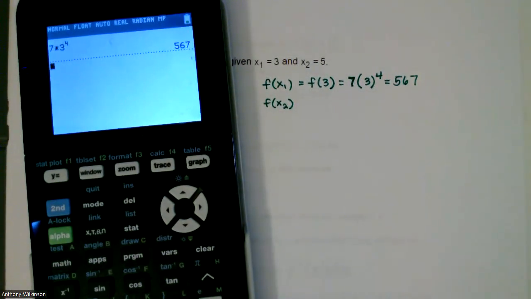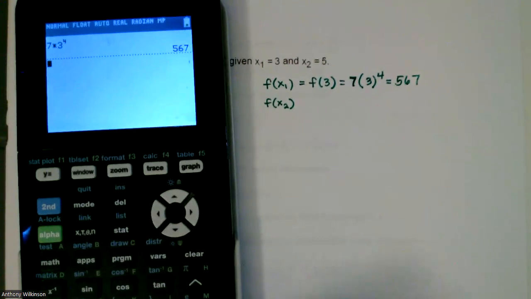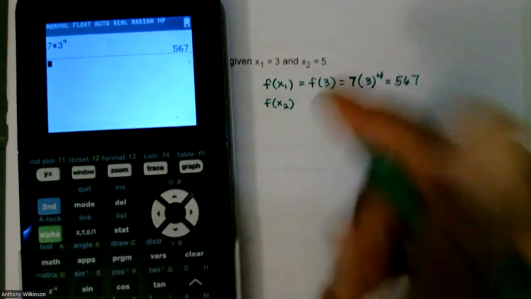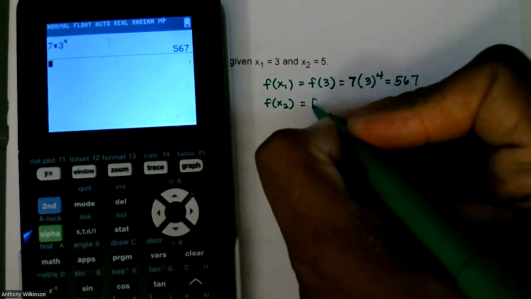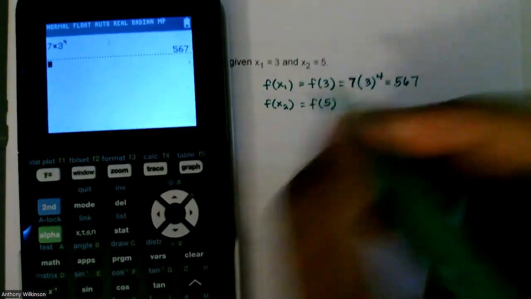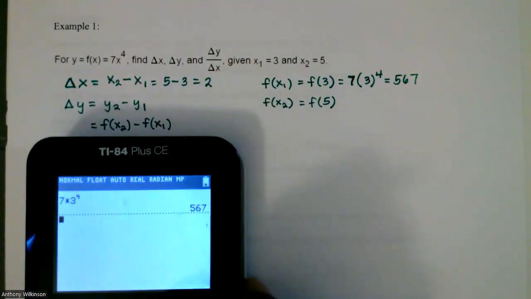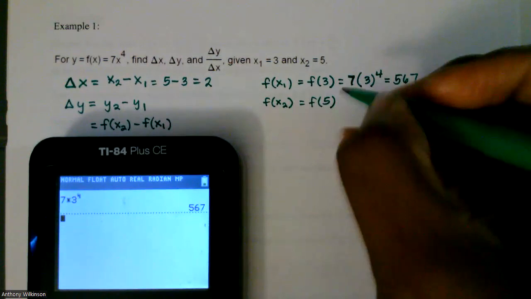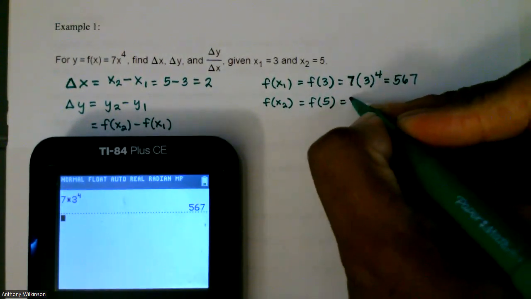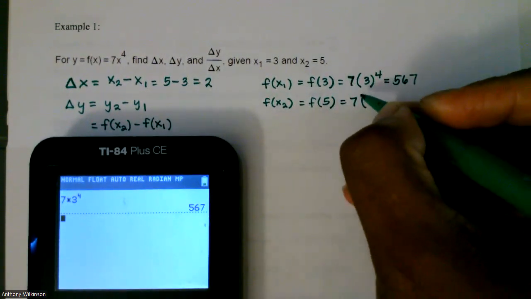All right, and now for f of x2, x2 is going to be 5, so that means we're going to evaluate f of 5. My f of x is 7x to the 4th, so I'll just replace the x with 5 and bring down the 7.